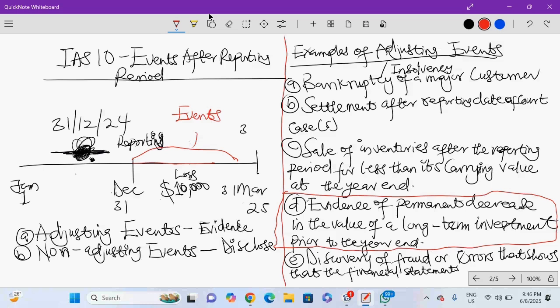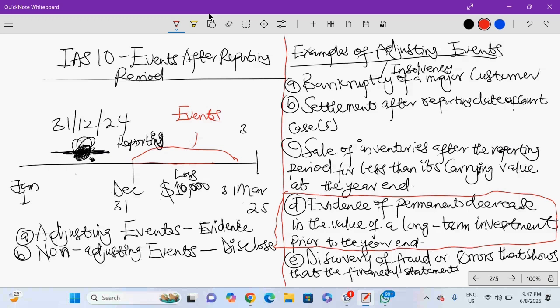The long-term investment we are talking about is different from the share of an entity, the share price. This example will hold if you are talking about equipment, a physical asset, which is the asset that will depreciate.